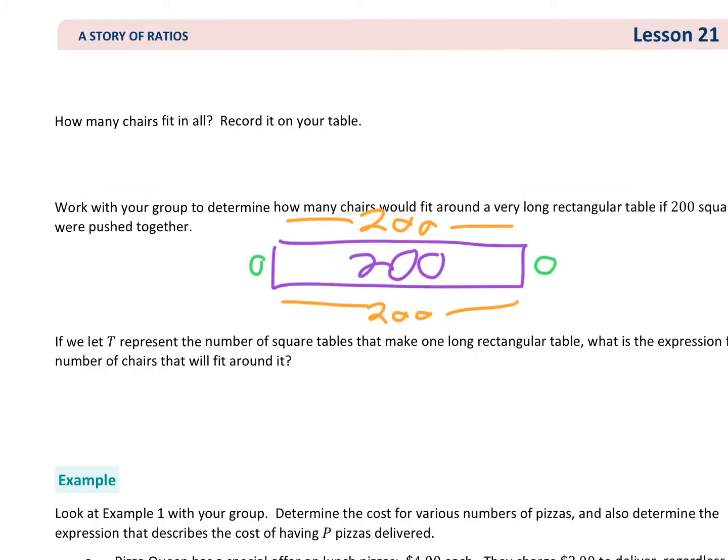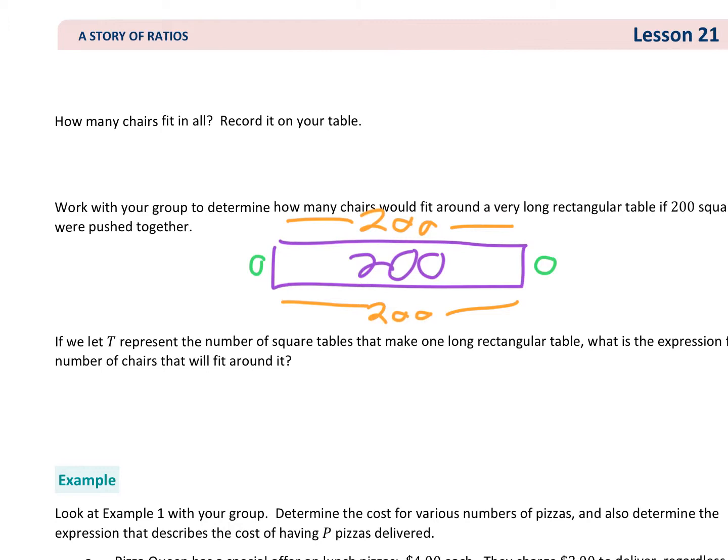Okay, so I made this little diagram that you may have come up with. This little purple rectangle is showing I have 200 tables. That means I'd have 200 people sitting along the top, one person at each table on the top, one person at each table on the bottom, and then I'd have 2 on the ends.